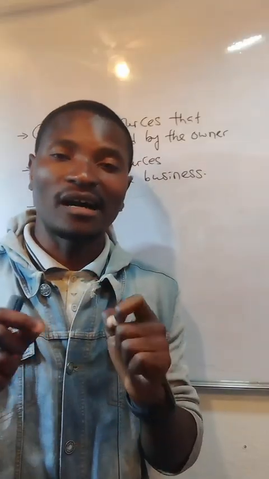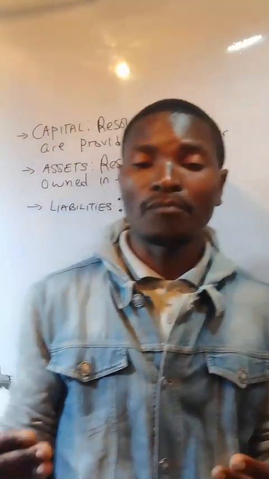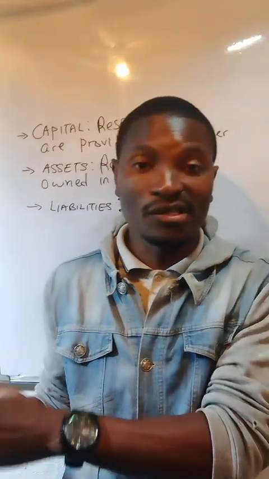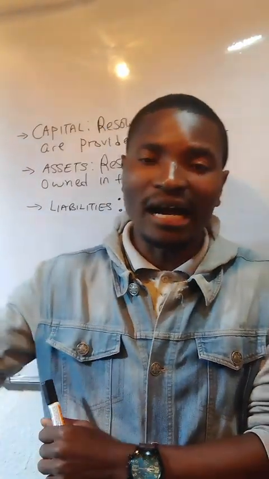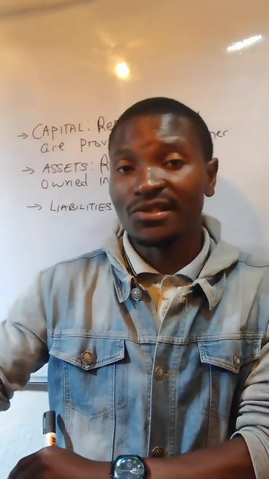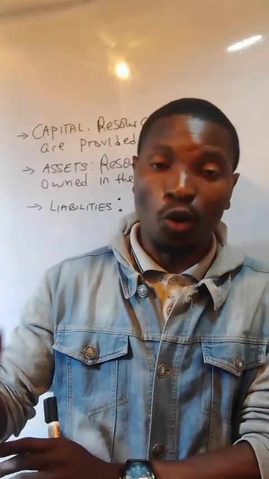Now, what are liabilities? The word liabilities means that some of the things that we can point at, or how we acquired maybe the capital, simply means that we are liable, we are responsible for those things.